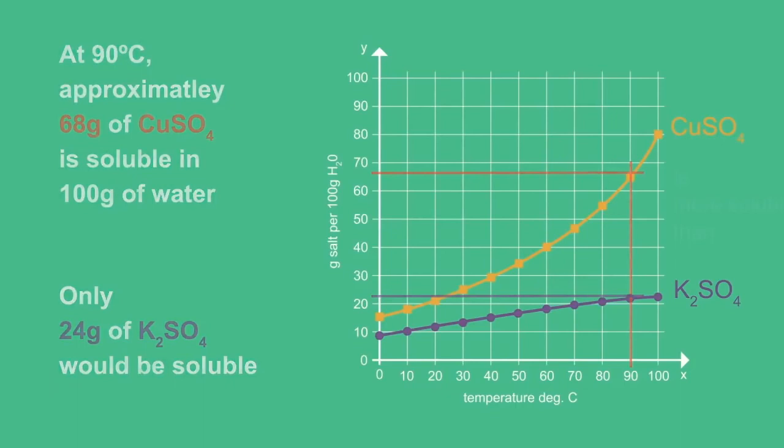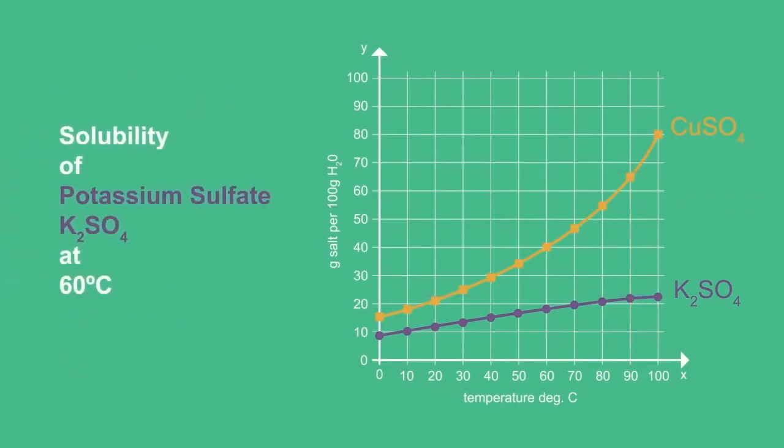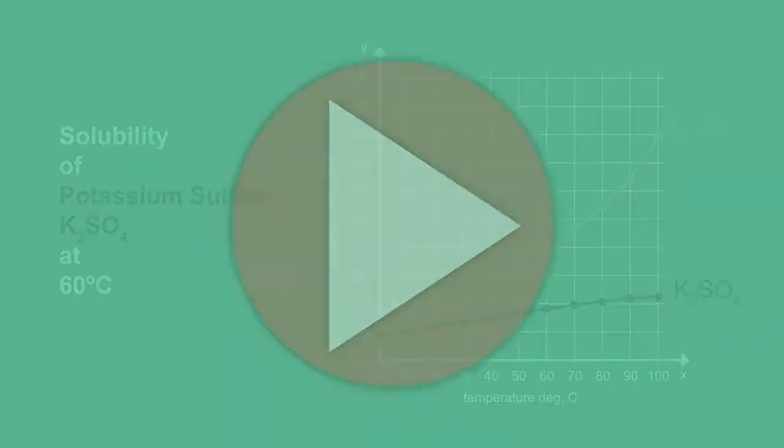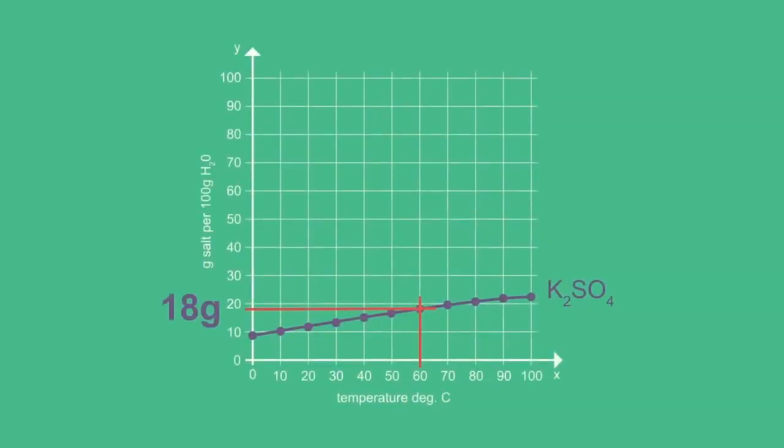Using the provided graph, try to find the solubility of potassium sulfate at 60 degrees Celsius. Pause, try, and continue when ready. If your answer is around 18 grams of potassium sulfate per 100 grams of water, then you would be correct. When a maximum amount of a certain salt is fully dissolved, the resulting solution is known as a saturated solution.